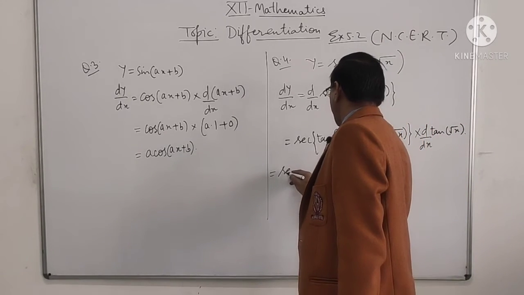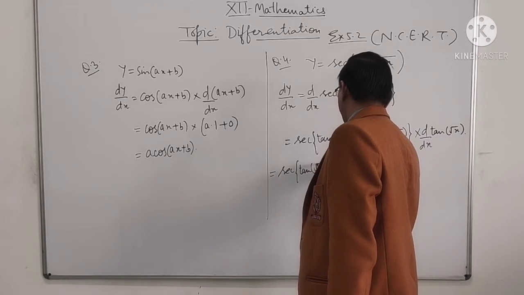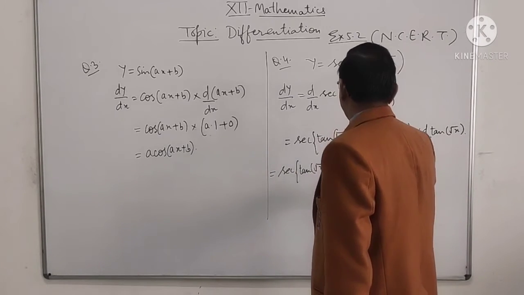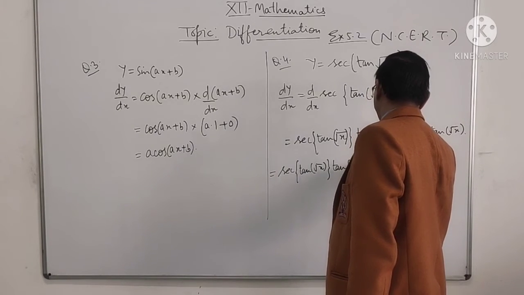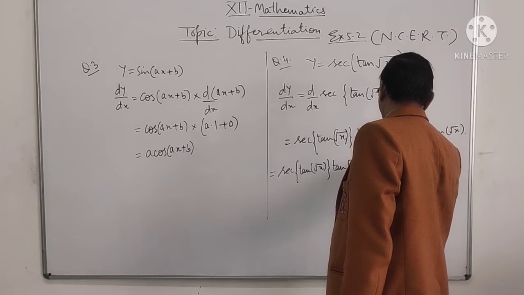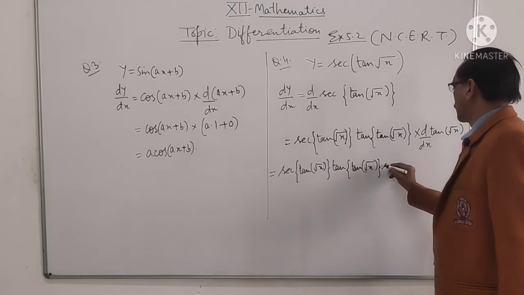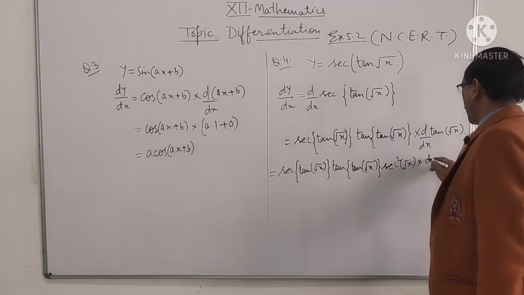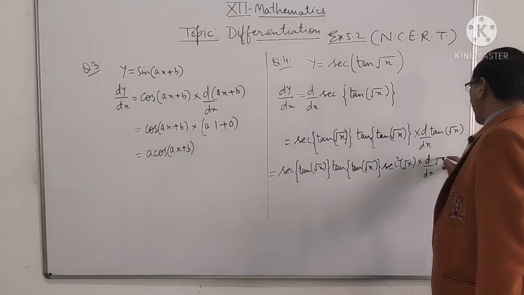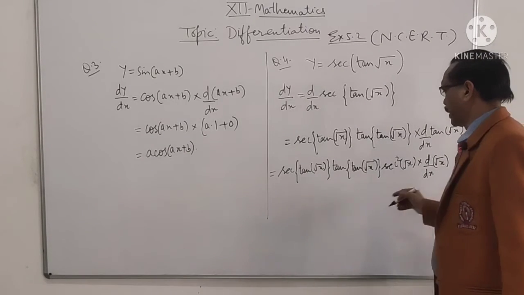Now it is sec(tan root x) into tan(tan root x). The derivative of tan x is sec square x. So it is sec square root x into d/dx of root x. The derivative of root x is 1 upon 2 root x.